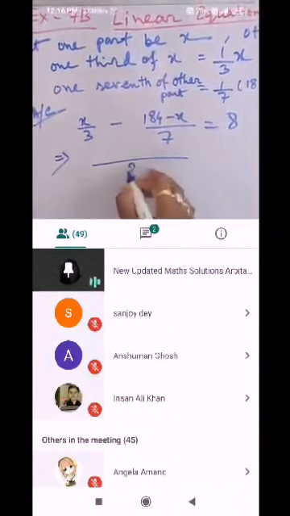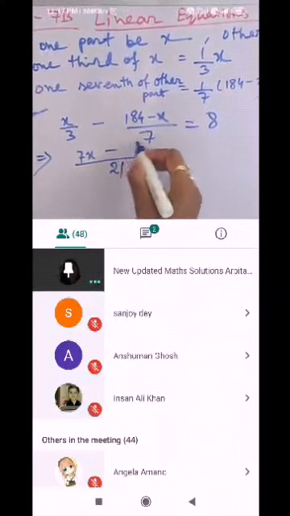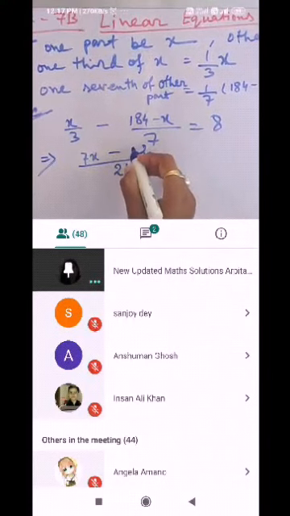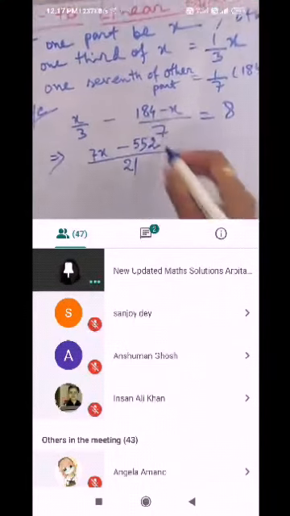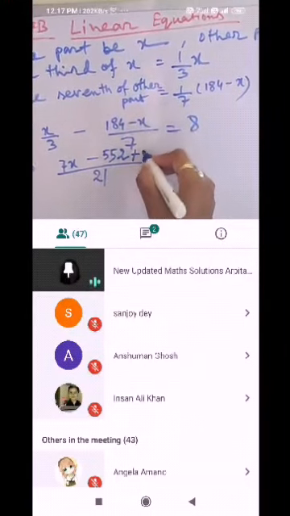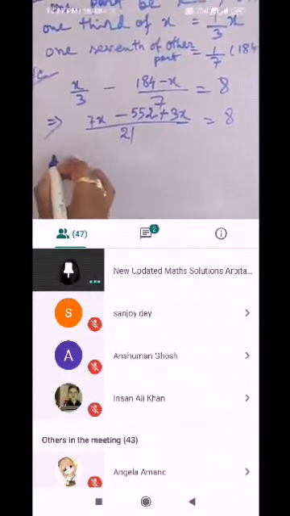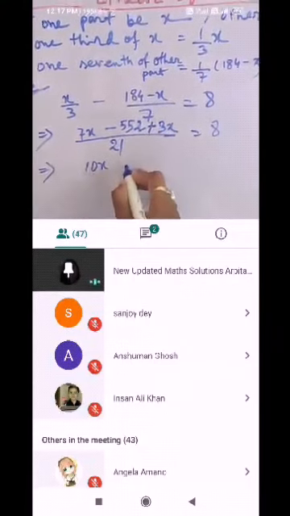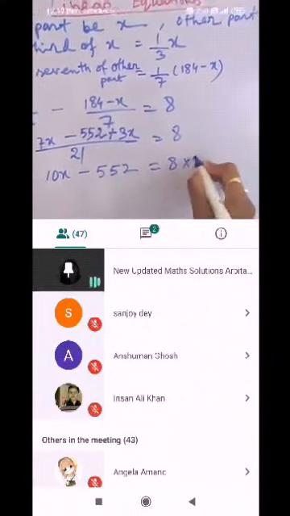Here the LCM is 21. This is 7x minus 184 into 3, plus 3x equal to 8 into 21. That means it is multiplied by 3. Then 7x plus 3x, that means 10x minus 552 equal to 8 into 21.